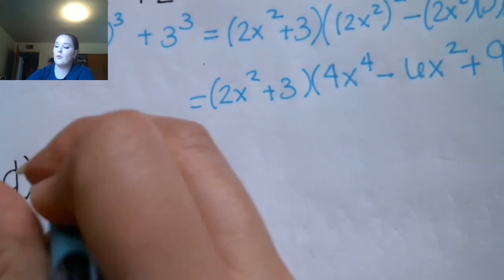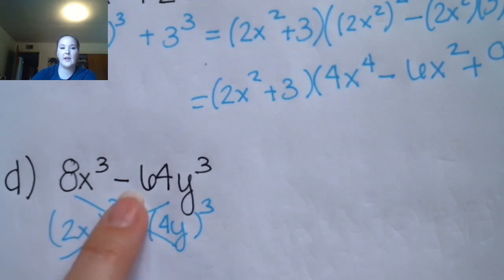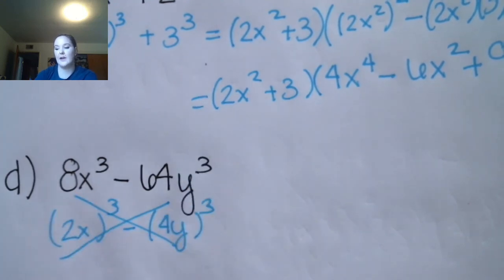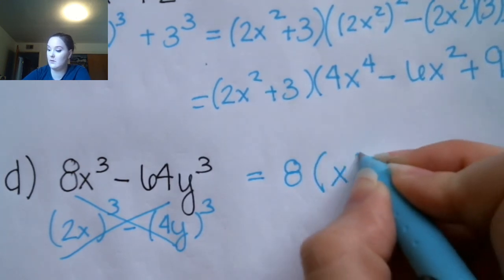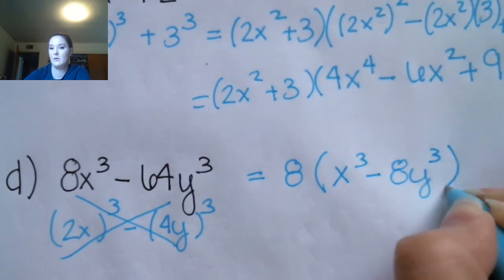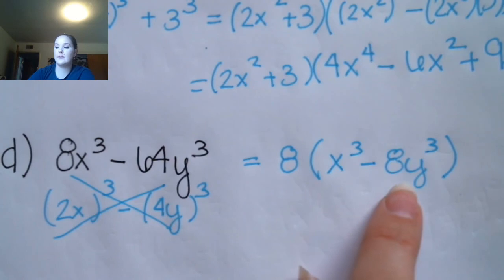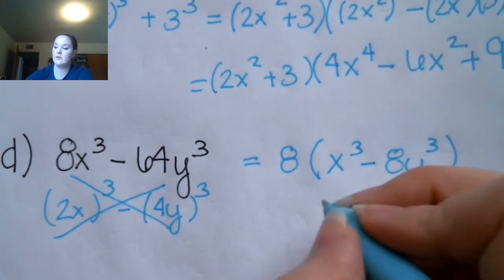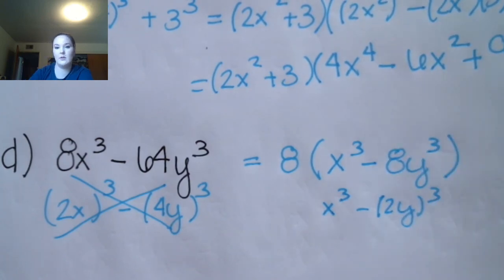But before we even do that, we're going to look for common factors here. So even when you're doing the sum and difference of cubes, don't forget about common factors. So these have a common factor of 8. Once I factor that out, I still have the difference of cubes. So this is x cubed and this is 2y cubed.